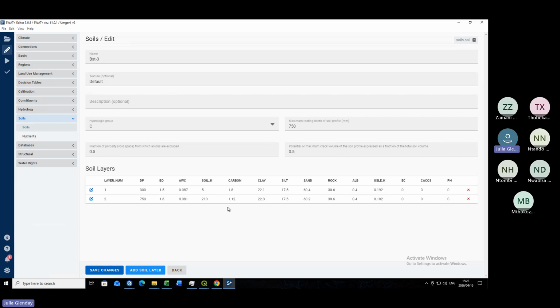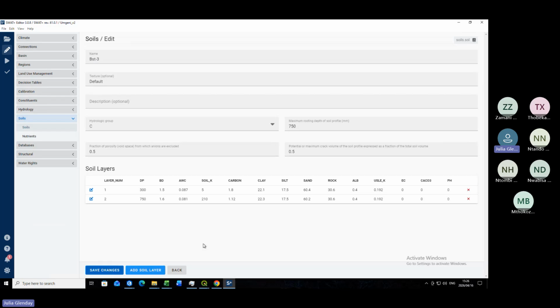So, if you increase the available water holding capacity, then more water will be kept in the soil and allow more evapotranspiration to occur.